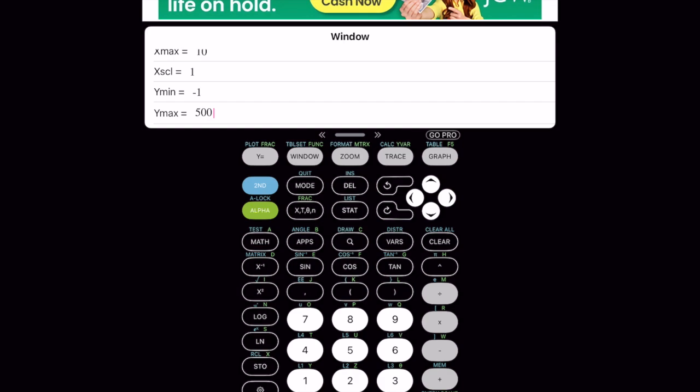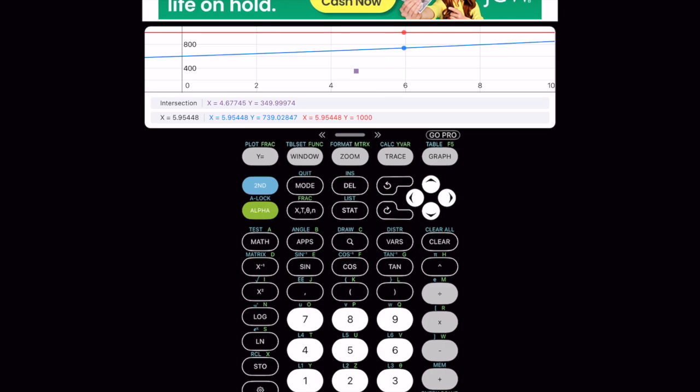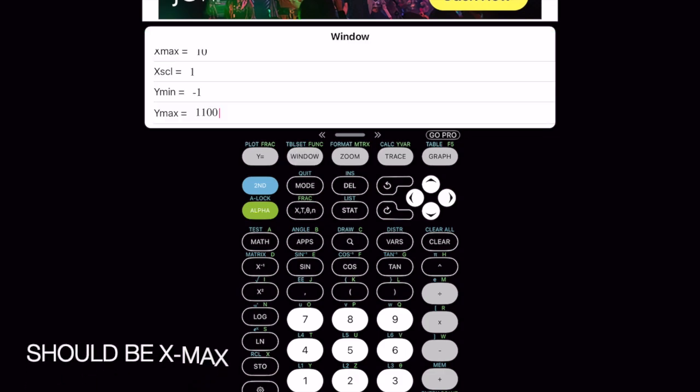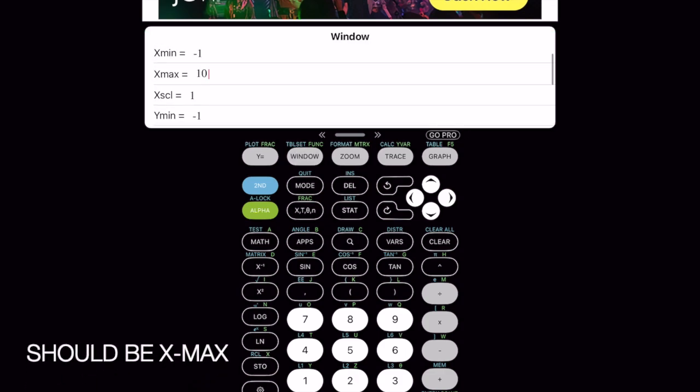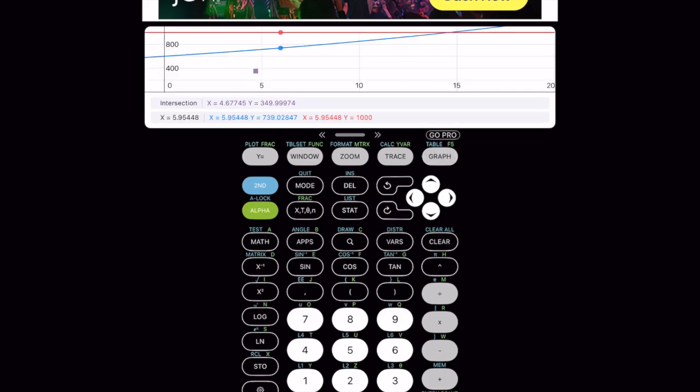So my y max right now is 500, but I asked it to graph y equals 1,000, so I'm just going to pick 1,100. And then when I hit graph, I don't see my point of intersection in the graph. It's happening more to the right, which means I'm going to change my x max. So I'm going to change that to like 20 and then hit graph. I have the point of intersection right here.